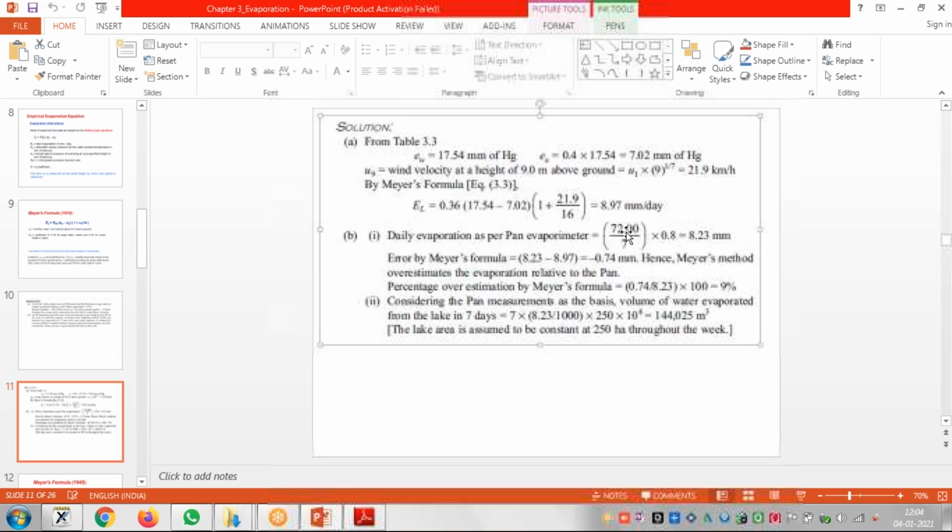If it is in a month, then divide by 30. So 72 divided by 7 multiplied by the pan coefficient will give the evaporation from the lake, right? Now we will apply the error by Meyer's formula. Whatever value we got from here, we will take the difference of these two, and we will get the error. Then if we divide it by 8.23, that is what we got from the pan value, we will get the 9% error in the pan, right?